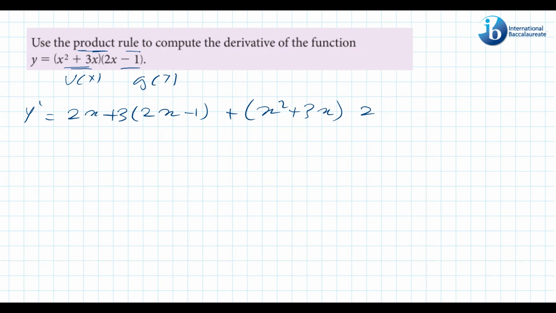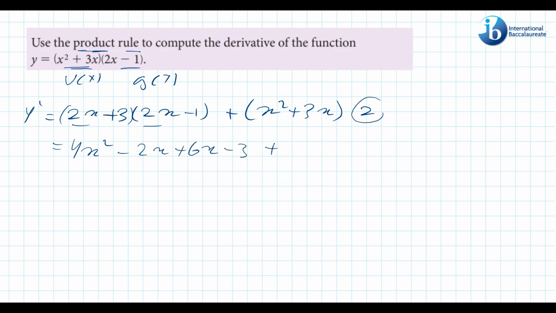Okay, then after that, just arrange it in a suitable form: 2x times 2x becomes 4x squared, and then 2x times negative 1 becomes negative 2x, then 3 times 2x becomes 6x, and then 3 times negative 1 becomes negative 3, right?